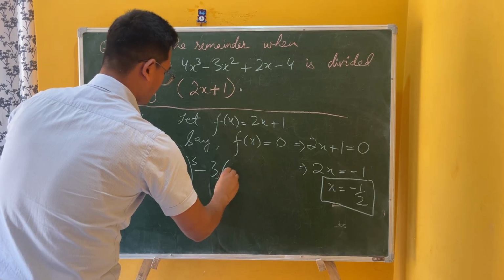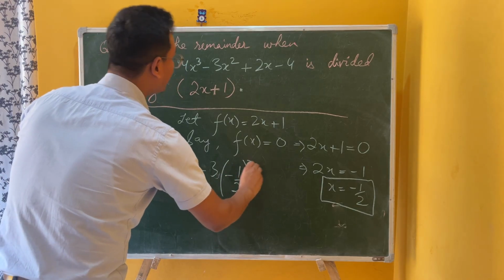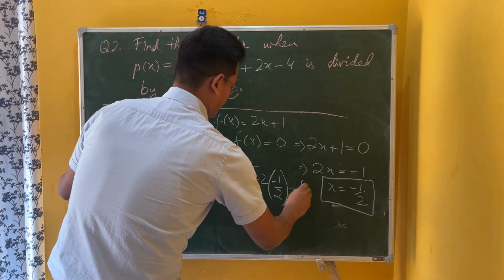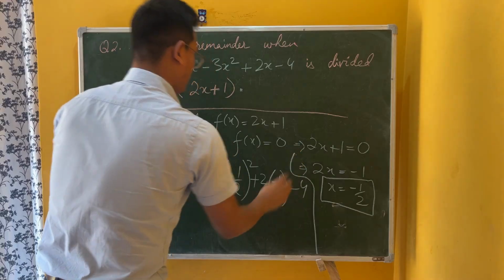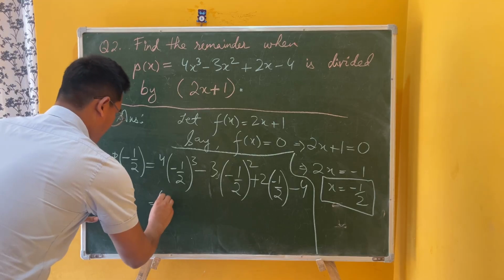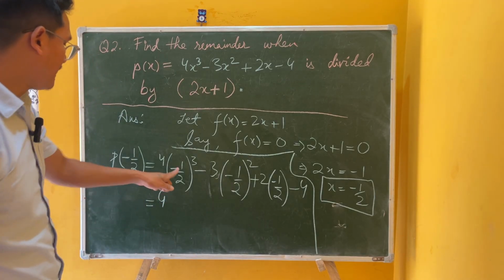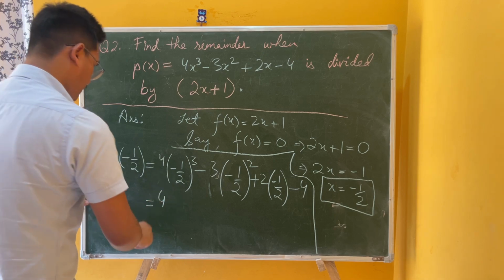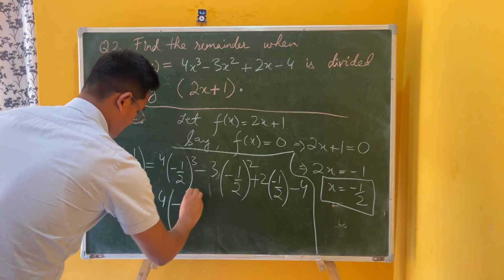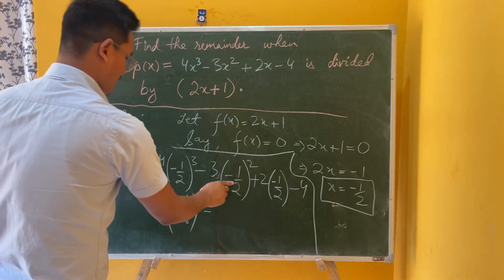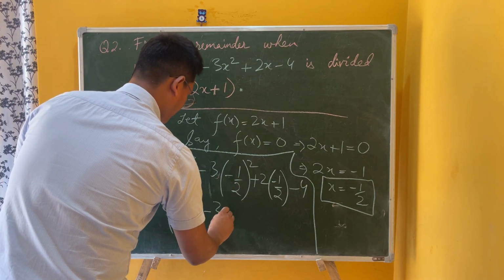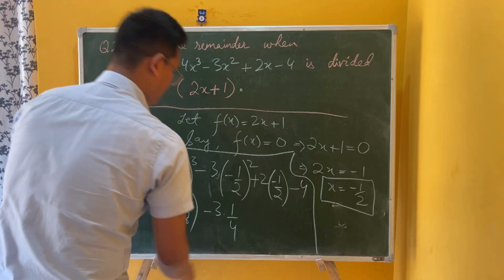Well, you can also try in your notebook and try to get your answer faster than me. So minus half to the power 3 is, we're going to get a negative number, minus 1 by 8. Square of a negative number is a positive number, 3 by 4.